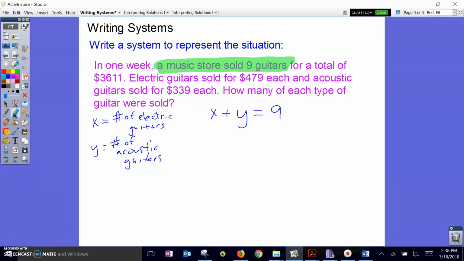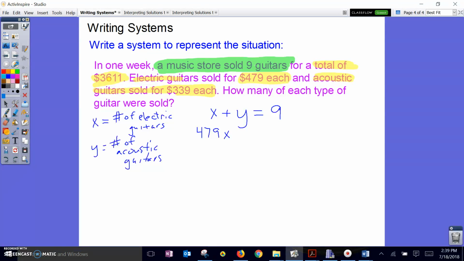And then we have information related to the total cost. We've got a total of $3,611. And the electric guitars sold for $479 each. So the amount of money that we took in from the electric guitars is going to be $479 times however many of those we sold, which is X. And the amount that we take in from acoustic guitars, sold for $339 each.